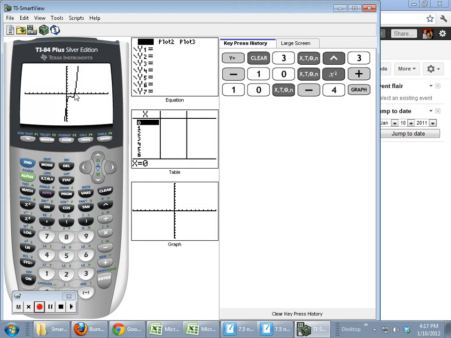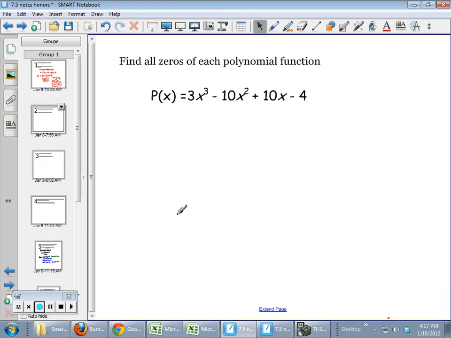It looks like it crosses here at positive 2. I'm not 100% sure there. The way I can check is to look at what happens at positive 2. So I'm going to put a 2 up in the box, and I'm going to do synthetic division to prove that it actually does cross at positive 2. If it doesn't, then I've got a problem on my hands.